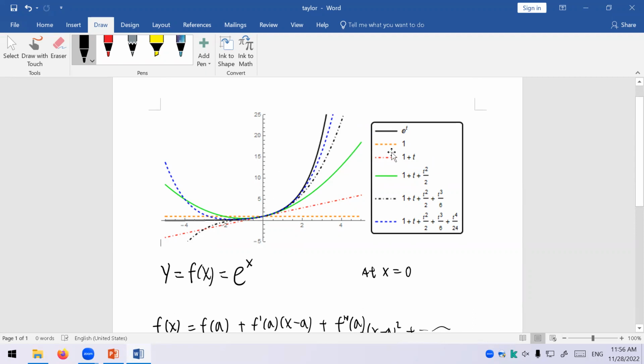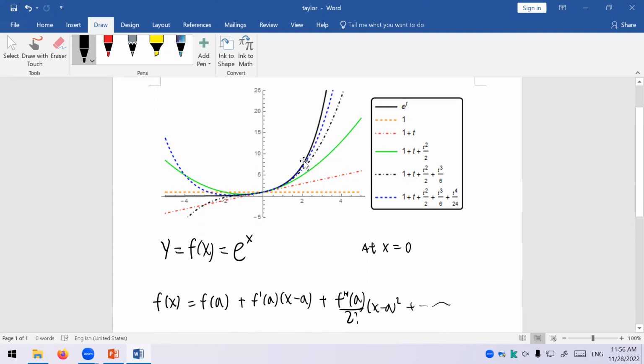And then the first term, which is 1, just f of 0, is this horizontal line over here. So this is the 0th order. Then including the second term, which is 1 plus t, I get this red straight line over here.